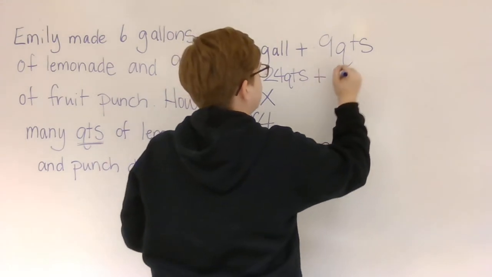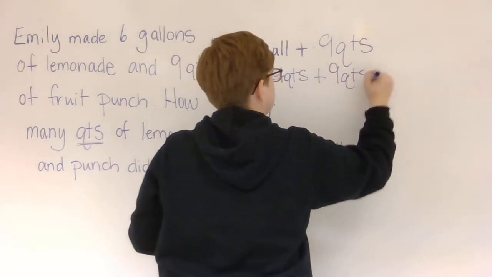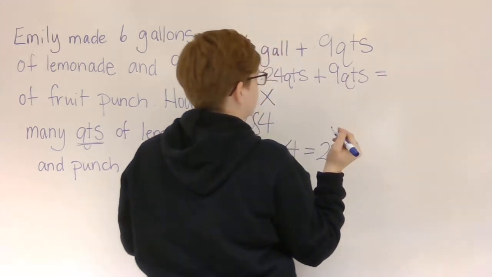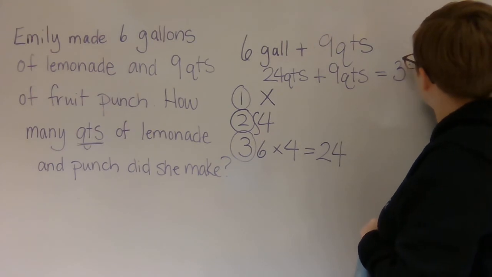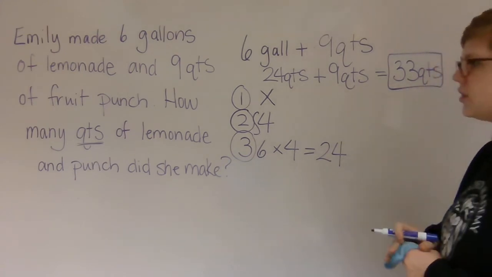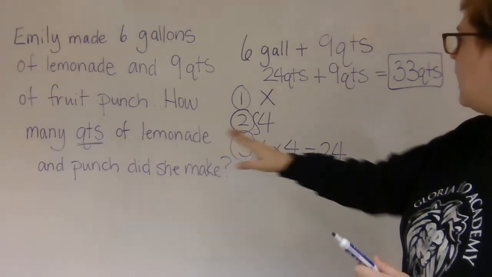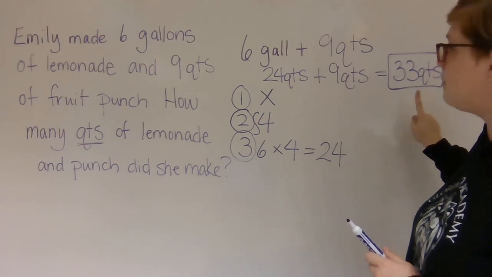Now I can add 24 quarts plus 9 quarts equals 33 quarts. So my friend Emily made 33 quarts of lemonade and punch.